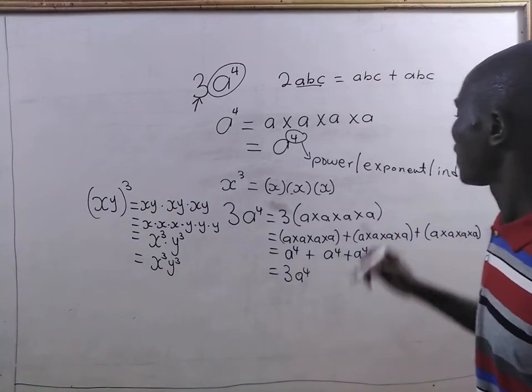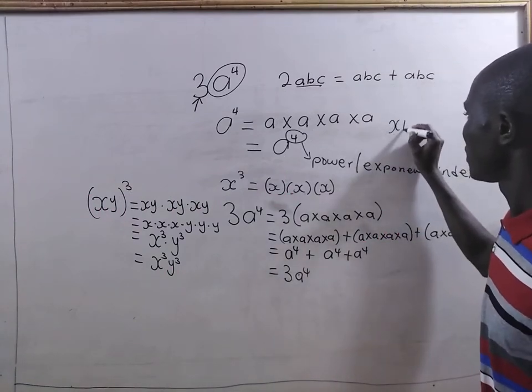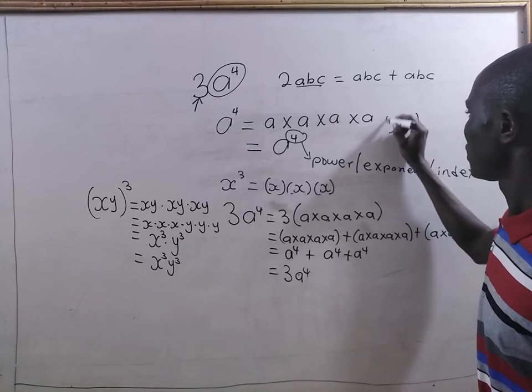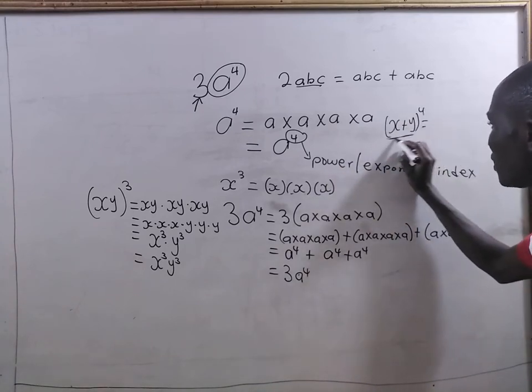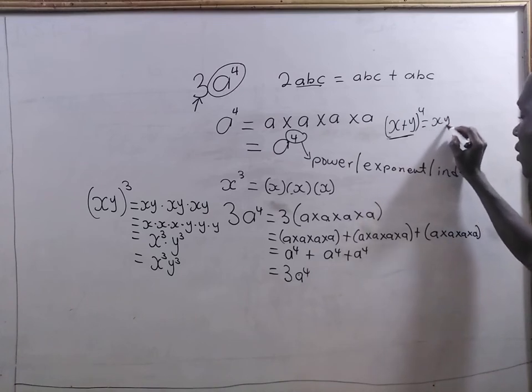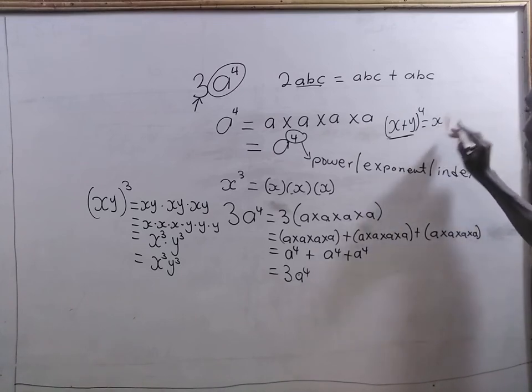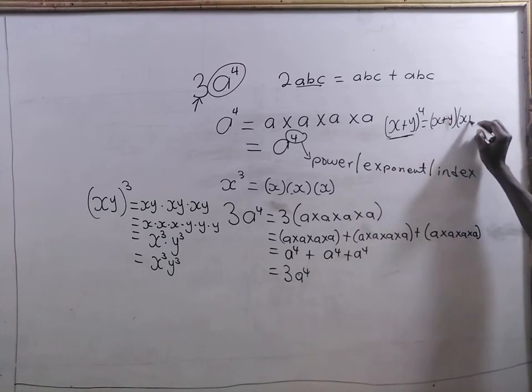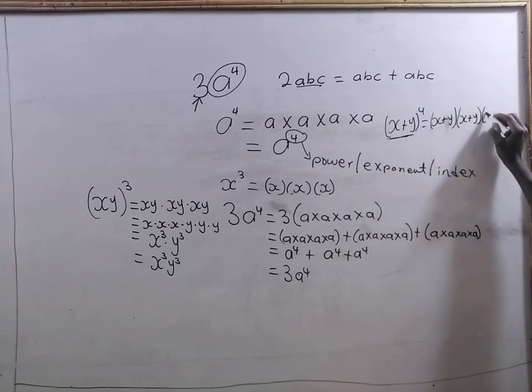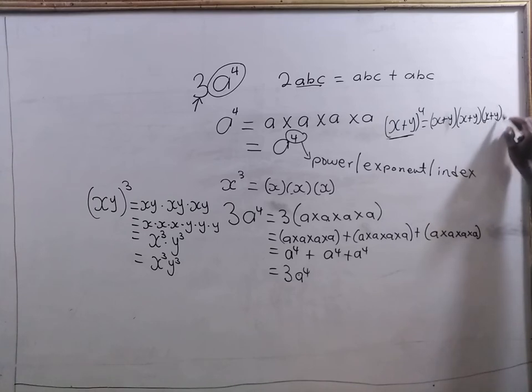Now, if I have, let's say, (x plus y) to the power 4, this means that I have this expression (x plus y) times another (x plus y) times another (x plus y) times another (x plus y). But why am I using these brackets?